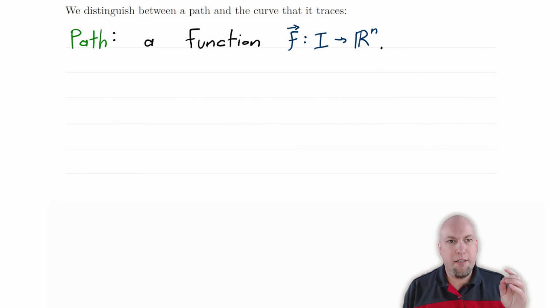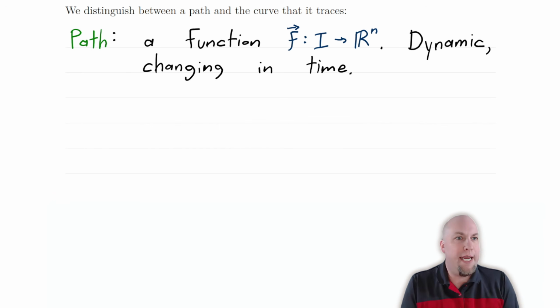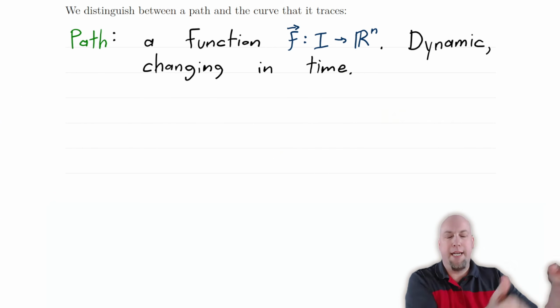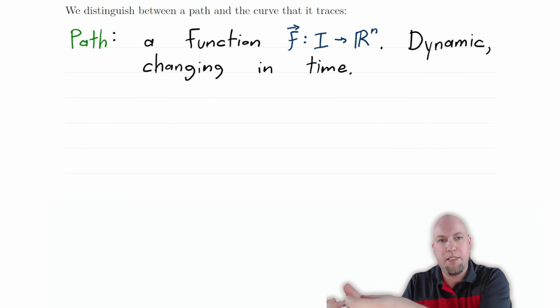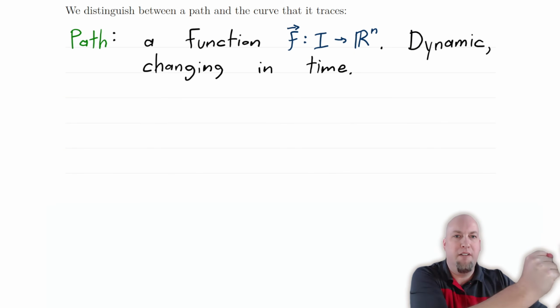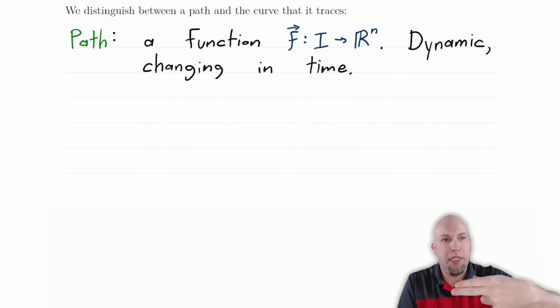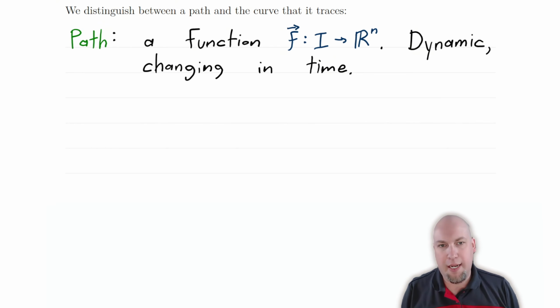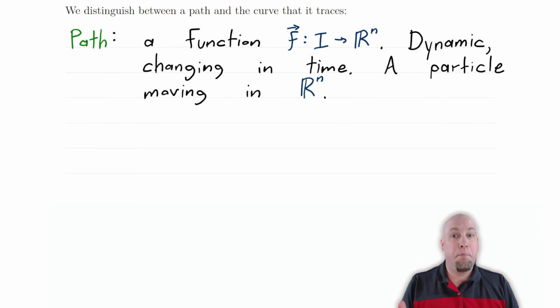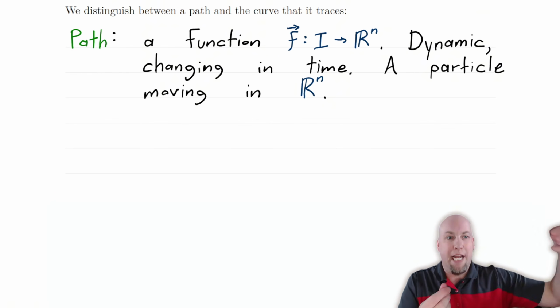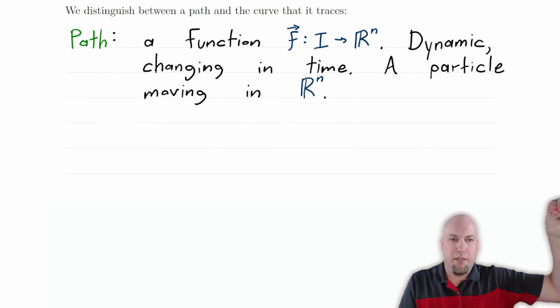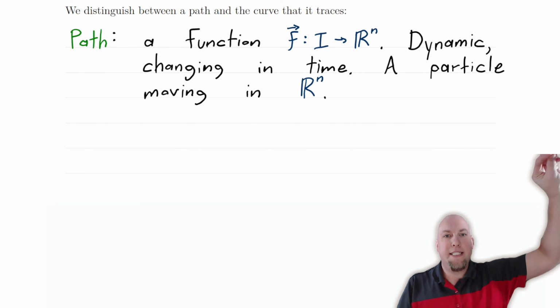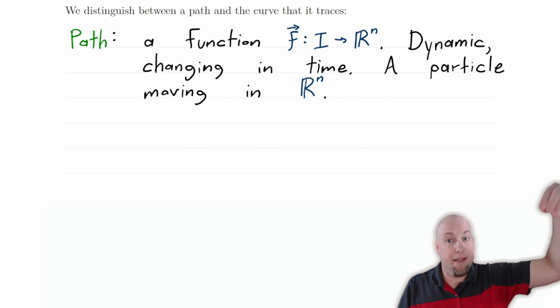The point is that it's a function, which means it changes. It's dynamic. You plug in some time and you get an output vector, and you plug in some other time and you get a different output vector. As the input increases, the output changes. Oftentimes we think of it as a particle moving through space, and that particle traces out a curve. The particle is not the curve itself. The particle is a moving, dynamic thing. The particle is the path.